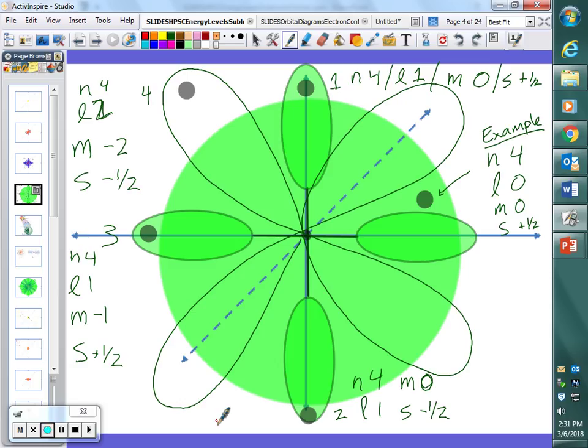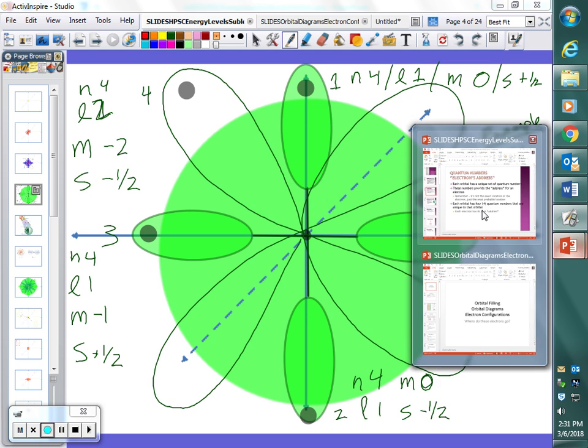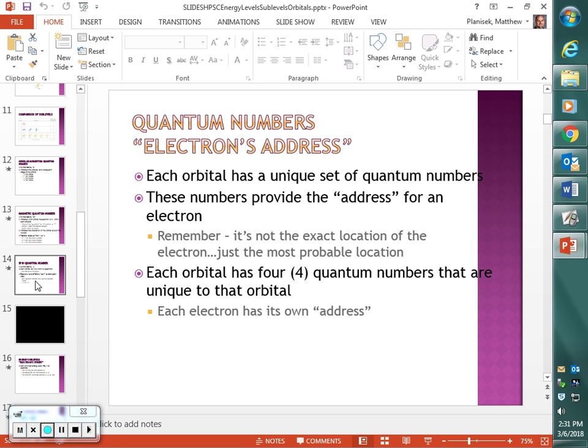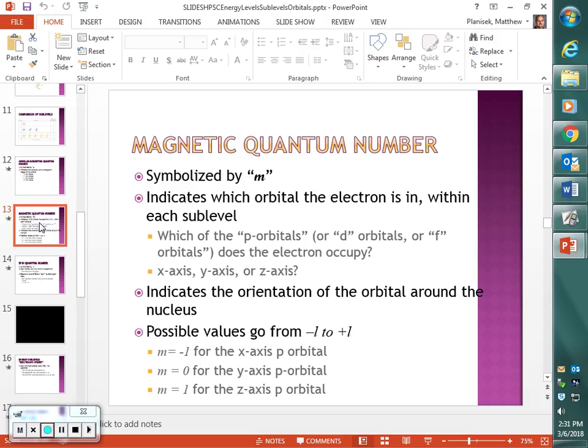Because -1, 0, and 1, we talked about that when we're determining the values for the magnetic quantum number. He's asking a question. I knew you were finding it. I was actually literally answering the question. We talked about, Joe, the idea that the possible values for M run from -L to +L, okay?